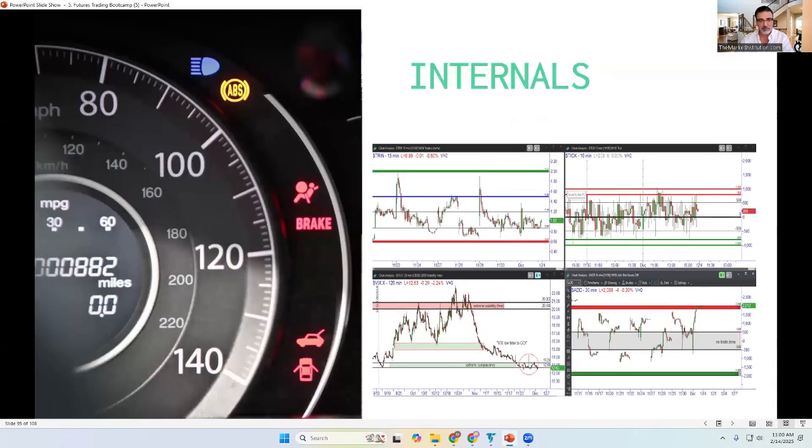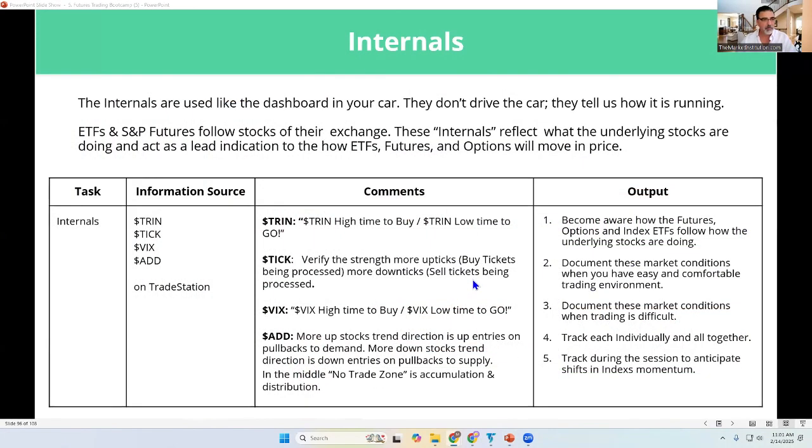Our internals help us get a barometer of what's going on. Other internals we use are the tick, the trend, the VIX, and advancing issues over declining issues. They tell us how the market is moving, how to interpret whether it's going to be a flat day or a very active trading session, and whether we should be bullish or bearish.